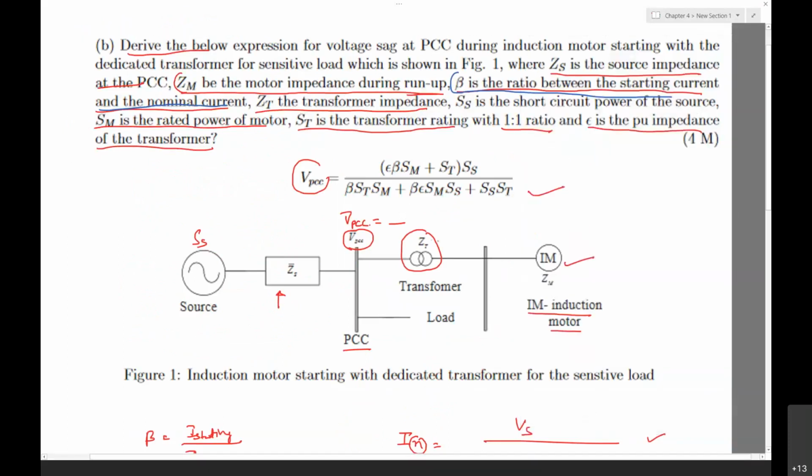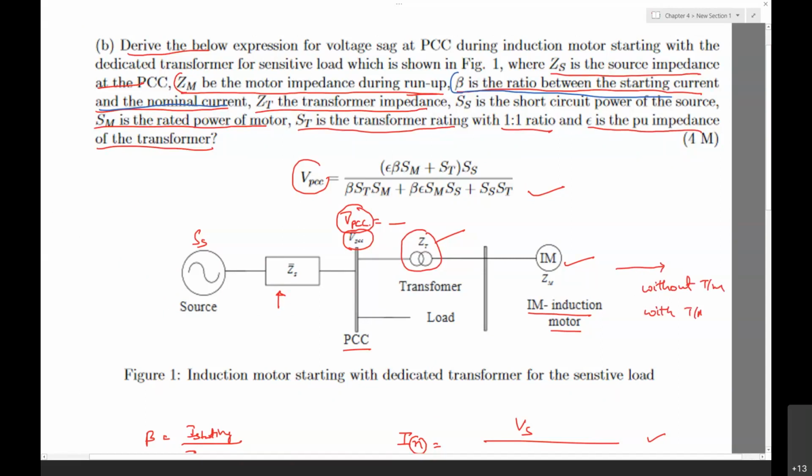If it doesn't have the ST, this transformer, what will be the PCC voltage? You need to validate yourself, assume certain data, and obviously when you have a ZT, how does this PCC voltage influence during the starting of an induction motor? During the starting of the induction motor, you need to study without a transformer and with the transformer.